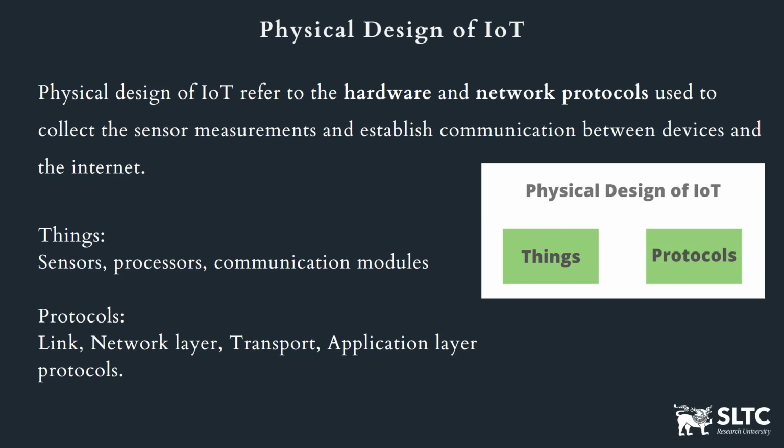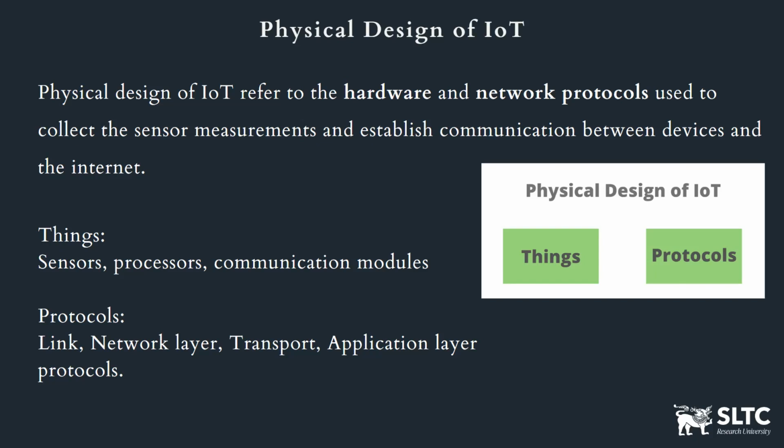So the different types of sensors, the different microcontroller based hardware boards, then the communication technology based modules that we are using at the edge of our IoT network, the whole entity we call things, right?